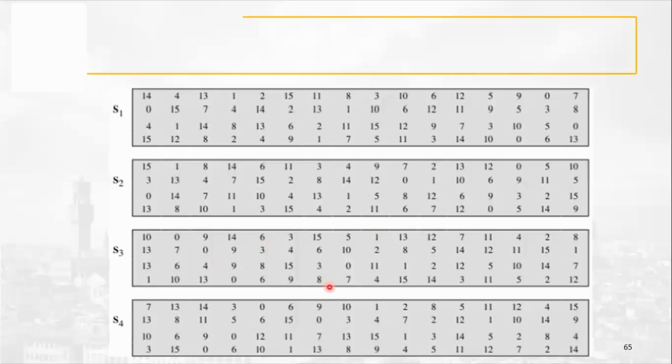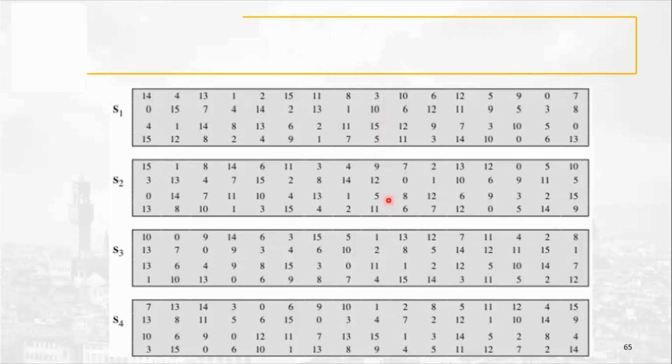No one could find out how these S boxes are generated. Feistel gave these S boxes that you have to apply, but he did not tell anyone how he came to these values for the encryption and decryption.